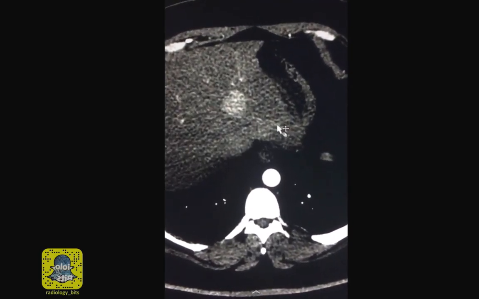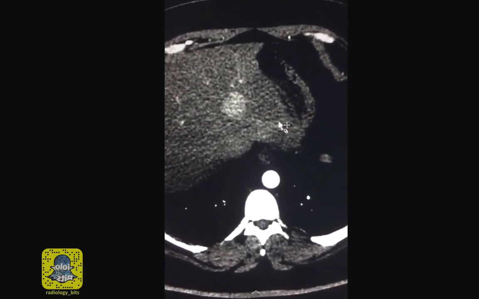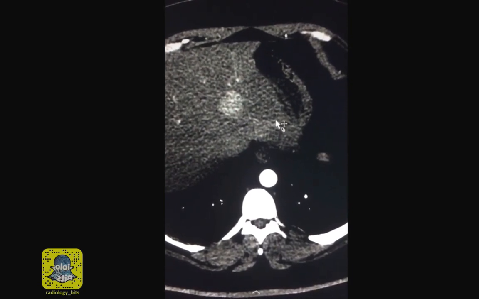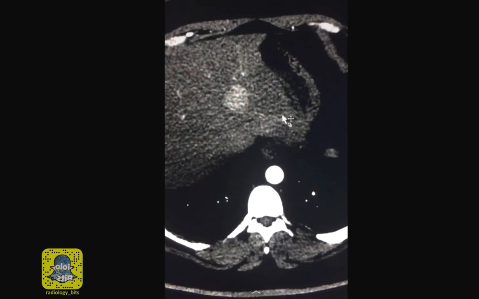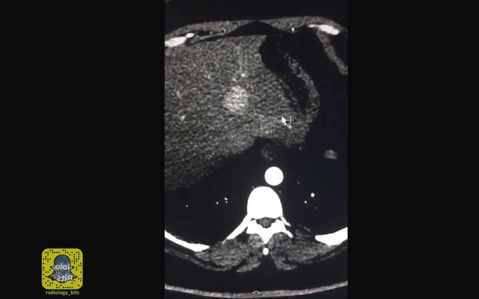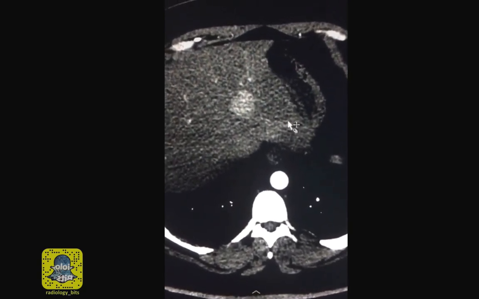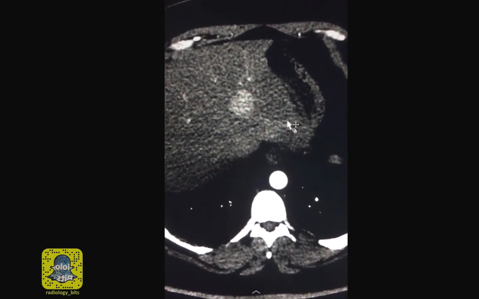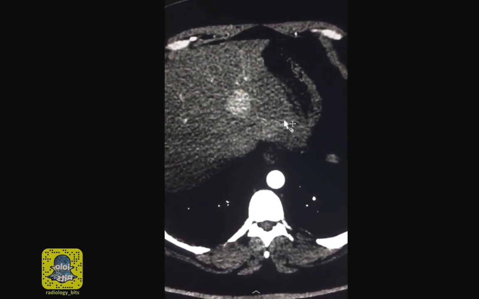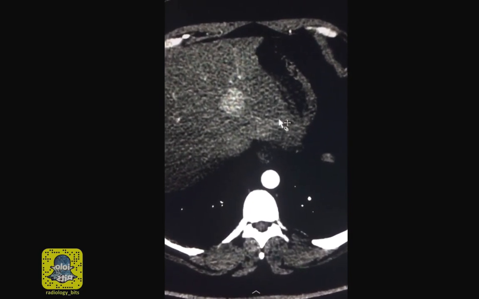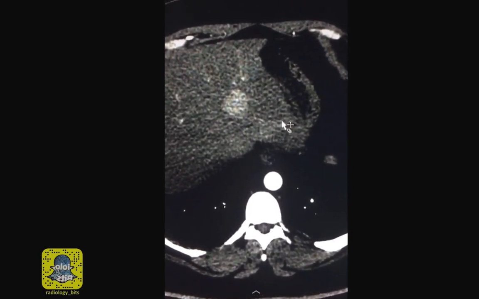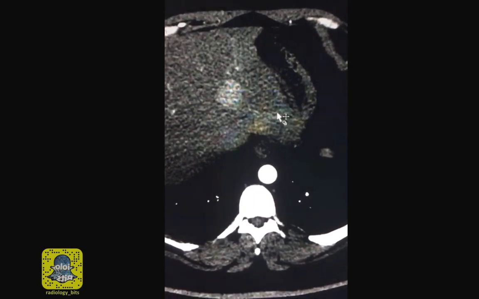But you should also concentrate on pertinent information such as the presence or absence of liver cirrhosis, risk for hepatocellular carcinoma, known primary tumor, patient's age and sex, the patient's medications such as oral contraceptives. So a good combo of clinical and imaging parameters to help you reach an accurate diagnosis.